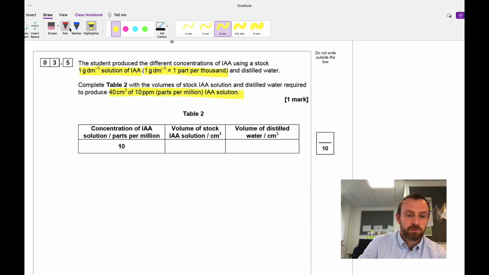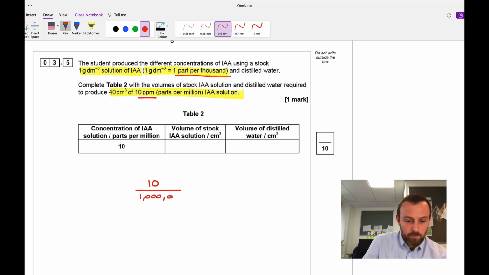Okay, so the first thing we have to do is work out what kind of dilution this is. So we're going from 1 part per 1,000 to 10 parts per million. 10 over a million, 10 parts per million.